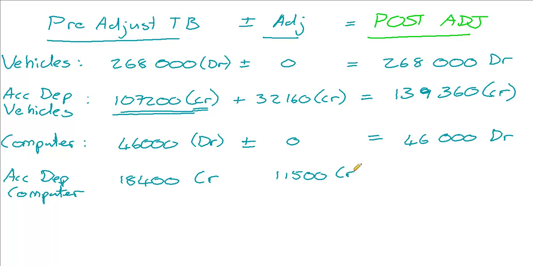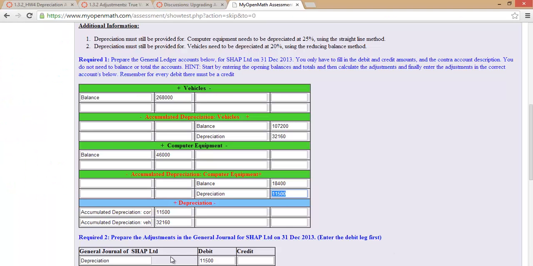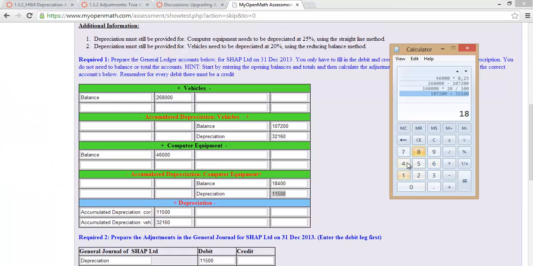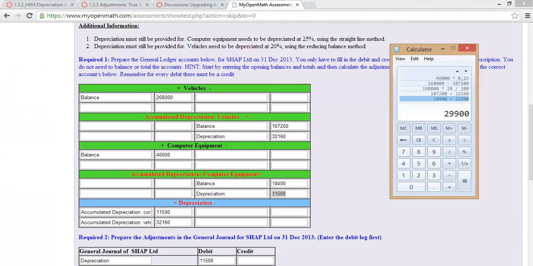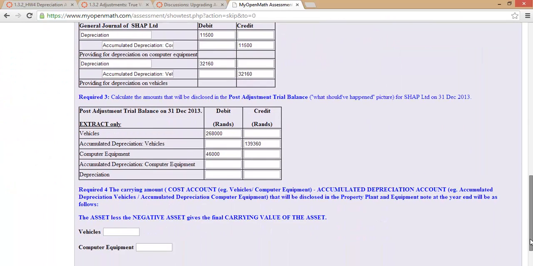Since these two amounts are on the same side, we can add them together, and that is going to give me my final accumulated depreciation balance on the credit side of 18,400 plus 11,500, which is equal to 29,900, and we can fill that in on our credit side. So we're almost done.